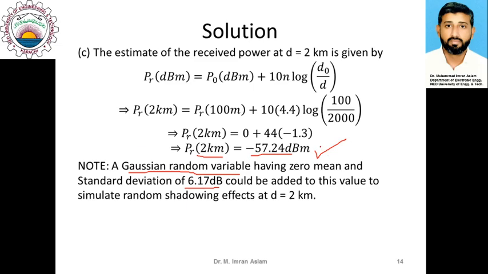If we want to include that shadowing effect as well, we have to add a random variable here, X sigma, where sigma is this 6.17 dB. If we add this, it will show that there is some randomness which is modeled by that shadowing effect.